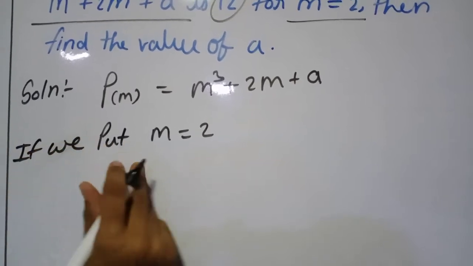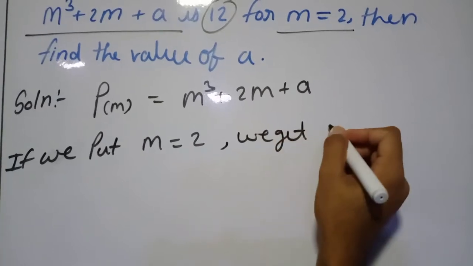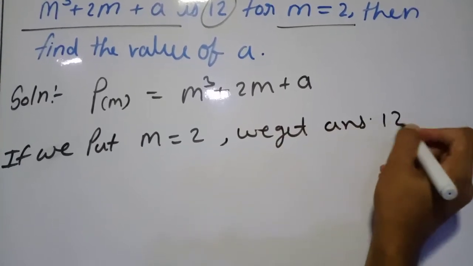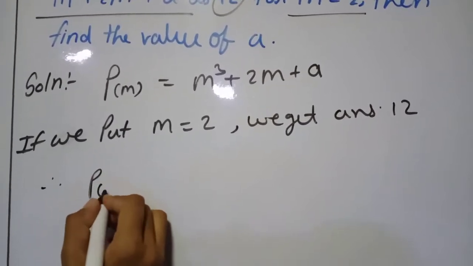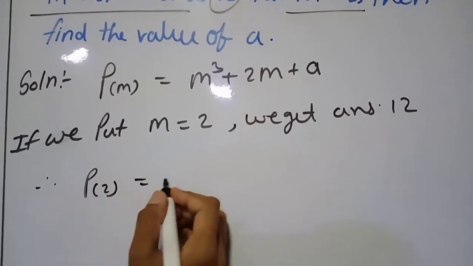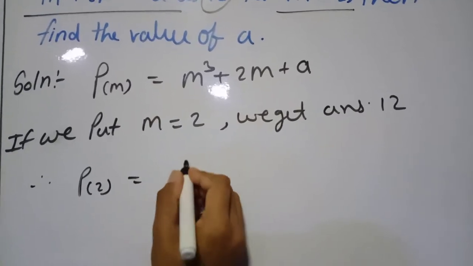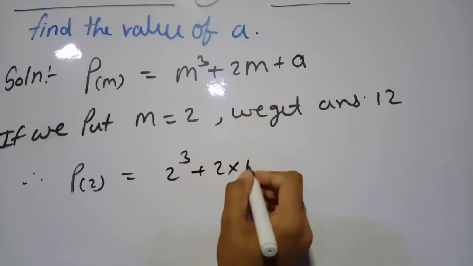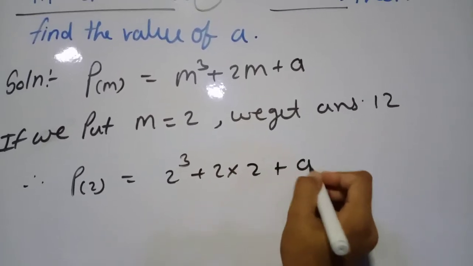If we put m is equal to 2, we get answer 12. Yes, therefore P2 is equal to, at the place of m we have to write 2, so 2 cube plus 2 into 2 plus a.